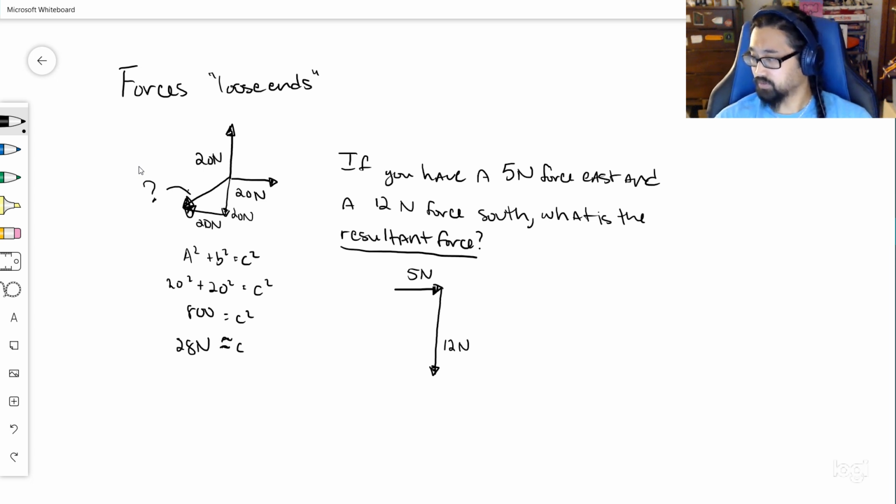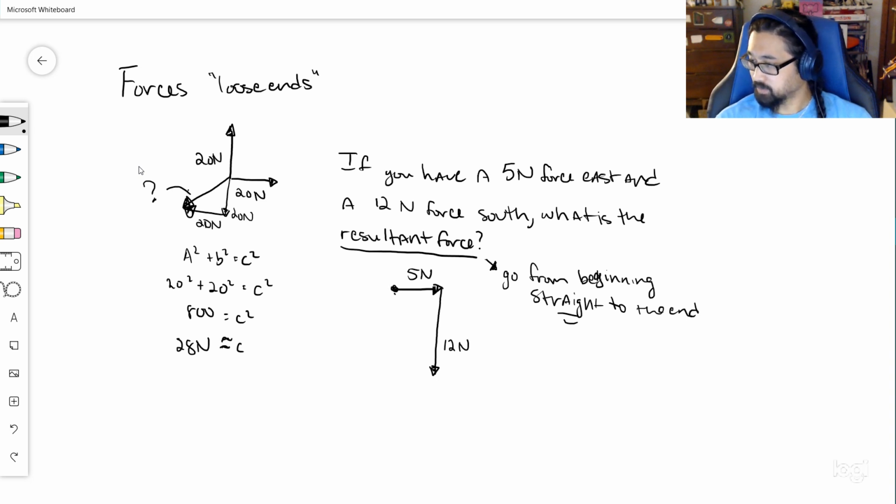The resultant force, right? What this means is go from beginning straight to the end. We started right here, and I'm going to draw a line straight to the end like this.